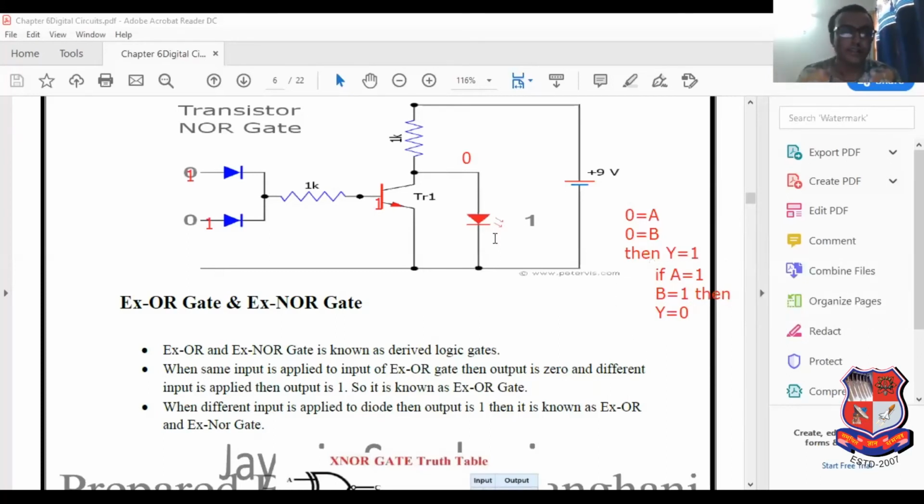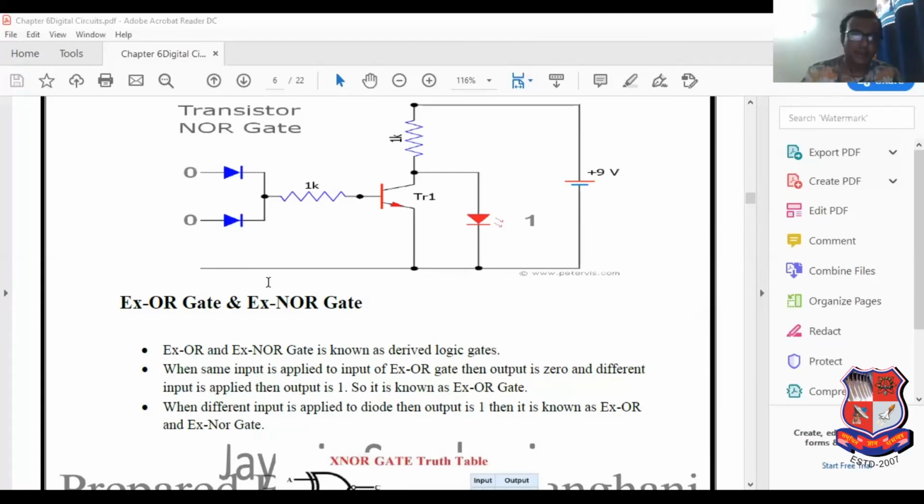It is known as NOR gate, (A plus B) whole dash. Now we will discuss the other point: XOR and XNOR gate. XOR and XNOR gates are known as derived logic gates. What is the meaning of derived logic gate?